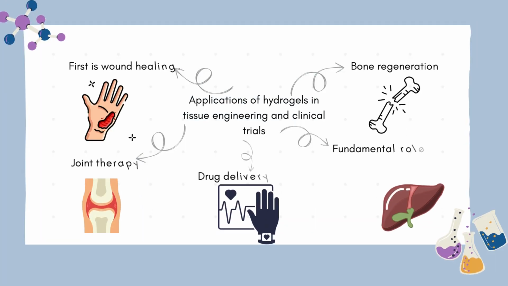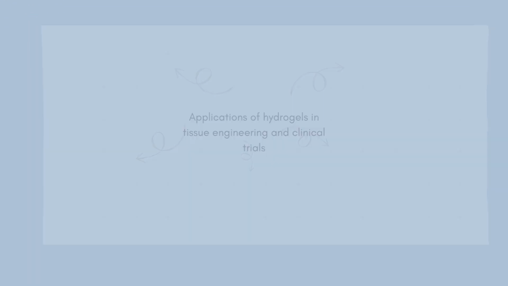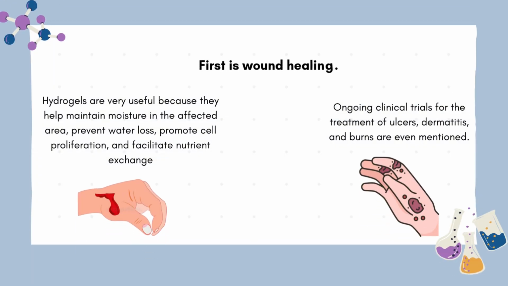Regarding the applications of hydrogels in tissue engineering and clinical trials, the article highlights several very important fields. First is wound healing. Hydrogels are very useful because they help maintain moisture in the affected area, prevent water loss, promote cell proliferation, and facilitate nutrient exchange.